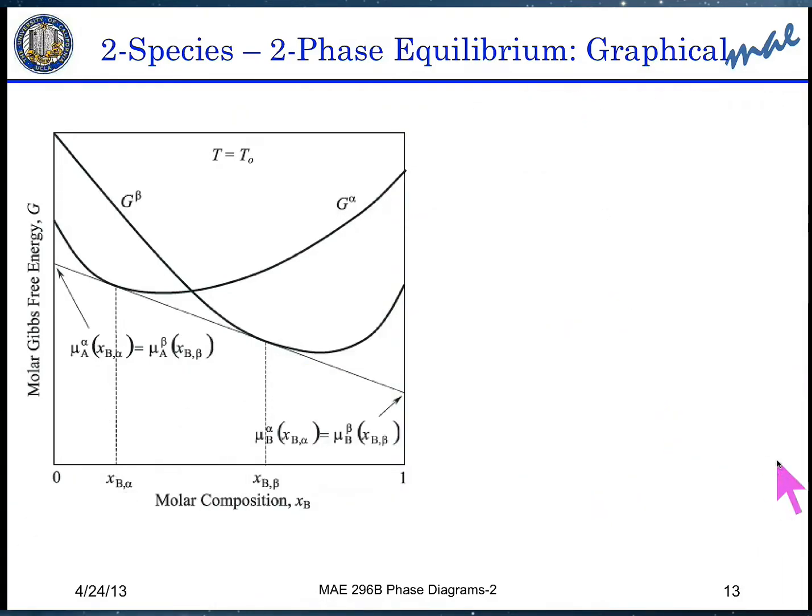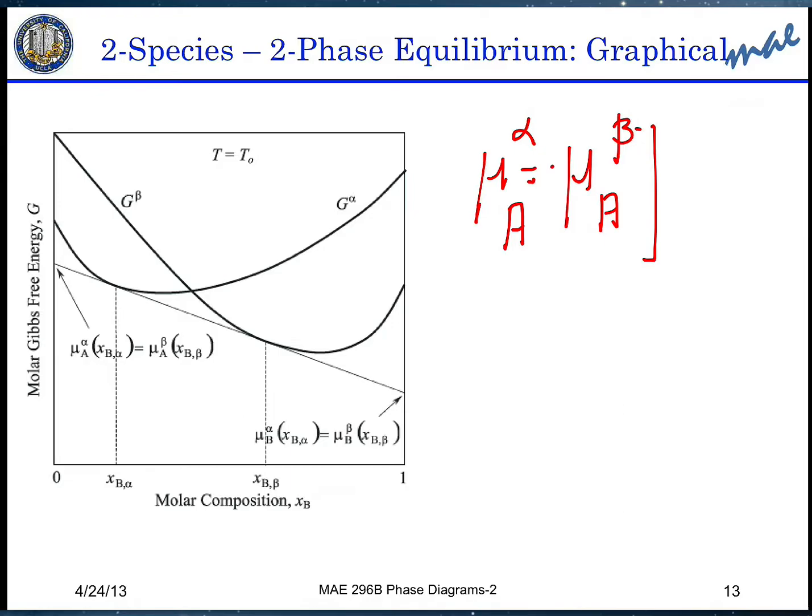So as we mentioned here, the chemical potential mu is, for equilibrium, we want to have mu of element A in phase alpha equal to mu of element A in phase beta, and these two are computed at the respective concentrations.